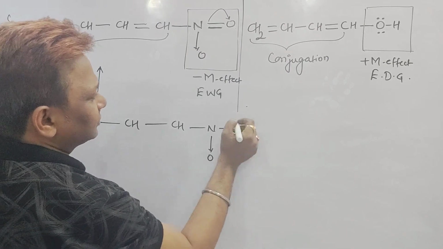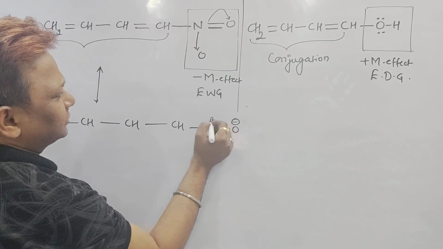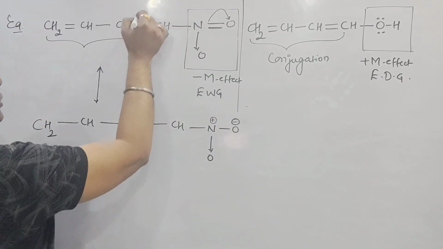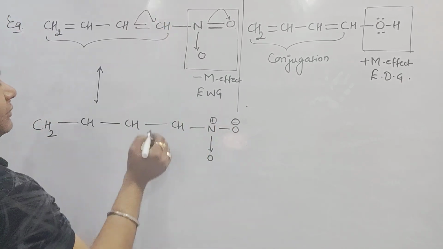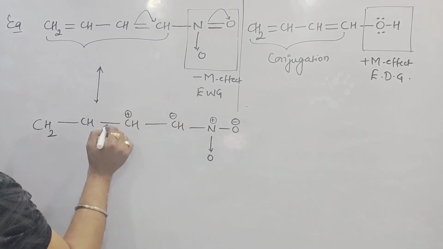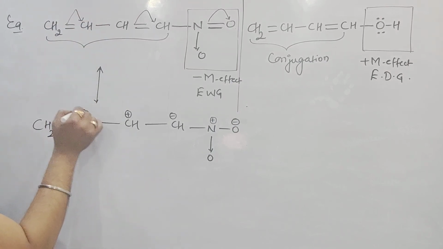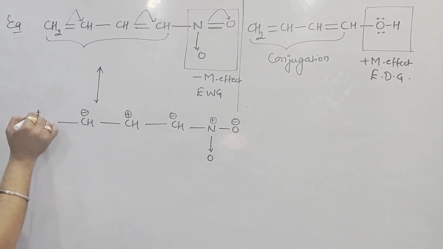Yes sir, this oxygen gets the negative charge. But this nitrogen will get the positive charge. This pi bond shifted to here, this carbon will again get a negative charge, and this carbon will get a positive charge. This pi bond shifted to here, this carbon will get negative and this carbon will get positive.